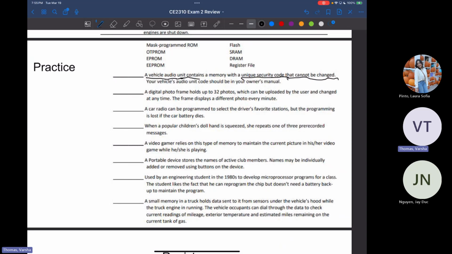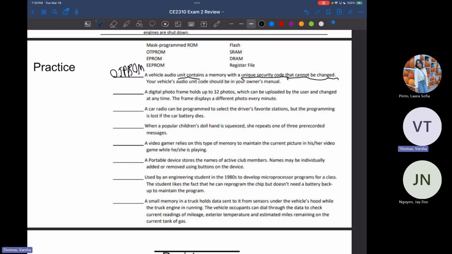As we said before, this will have to be OT-PROM, right? Because it's only for the car, so it's a small quantity. It's only one, and it cannot be changed. So it's a one-time programmable ROM. Let's go to the next one.